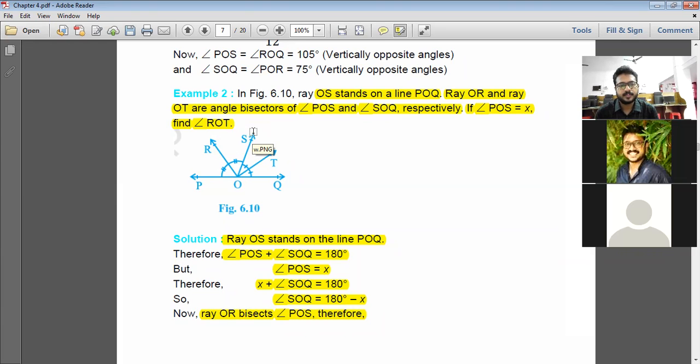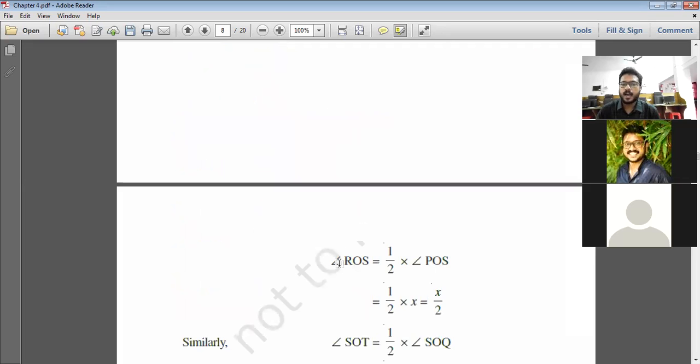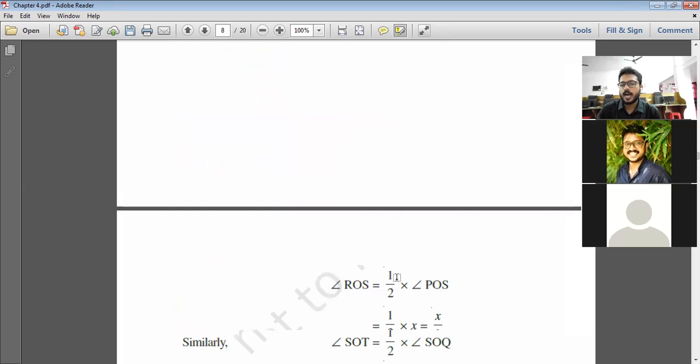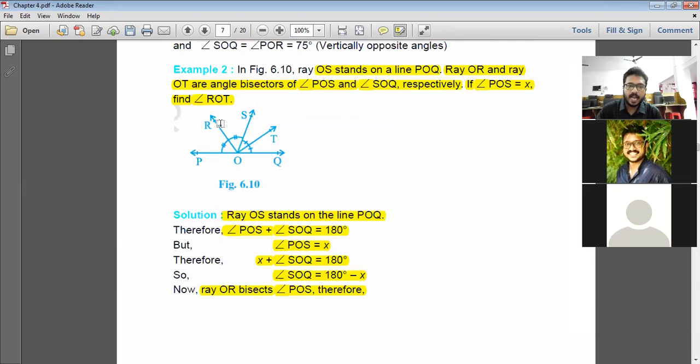We can write it in half, because it bisects it and divides the angle into two equal halves. So we can write angle ROS is equal to half into angle POS.